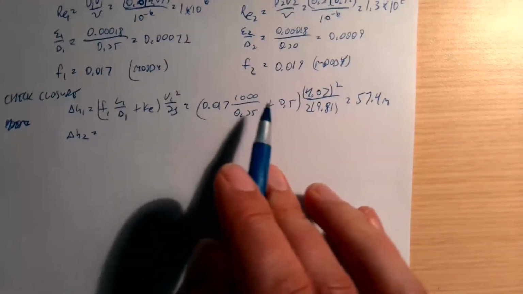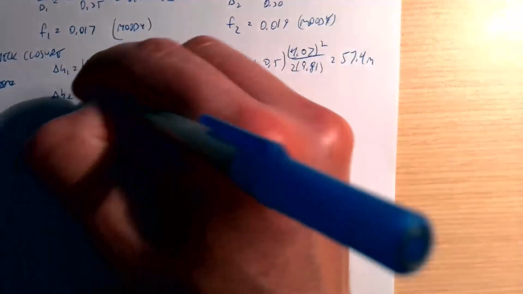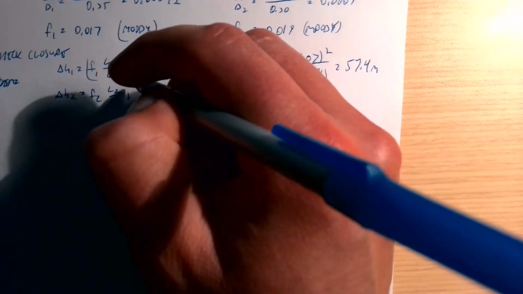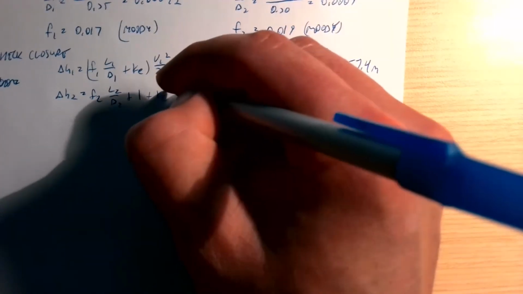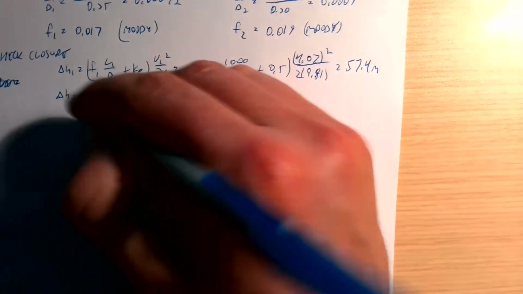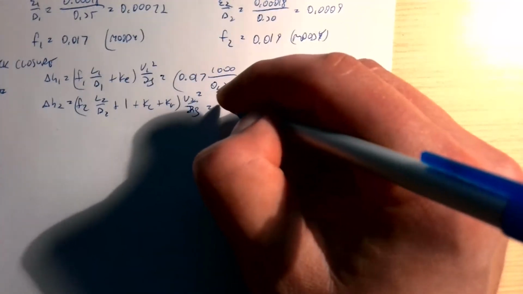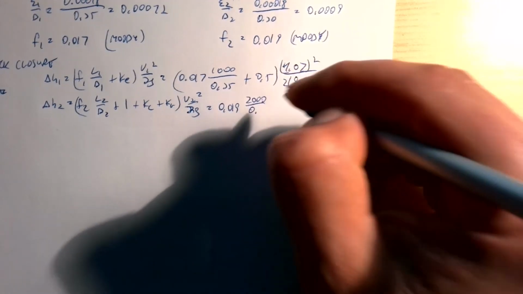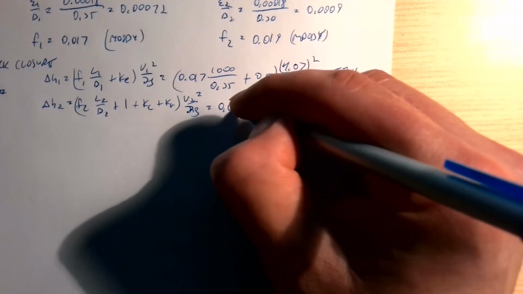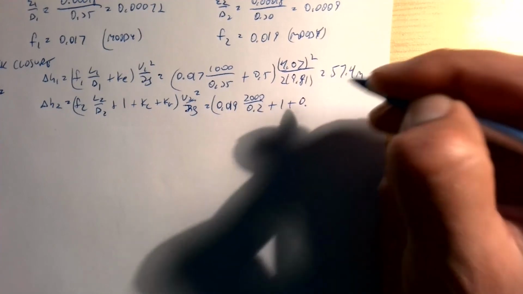Again, to write this whole equation would be a monster in one line, so I'm splitting it up a little bit. f2 L2 over D2 plus a 1 there, and then KC and KV, times V2 squared over 2g, and so that is 0.019 times 2000 over 0.2 plus a 1 plus 0.02.